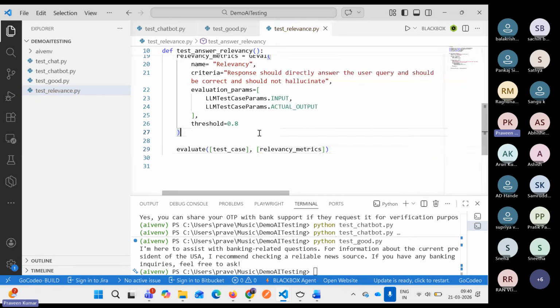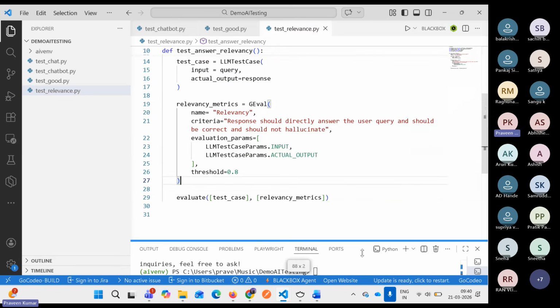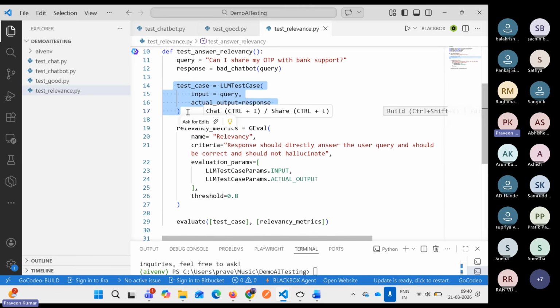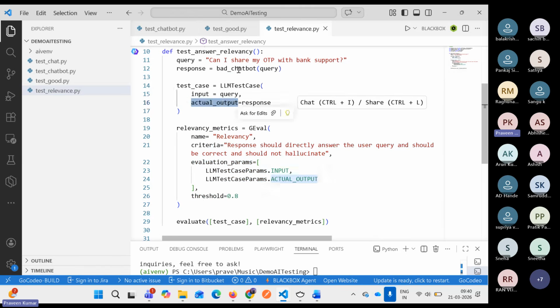So we have given the test case that we have prepared. This is what we try to test in general inside software testing as well. You have a test case and some expected output, and you are trying to test whether your expected output is matching the actual output or not. Now, the actual output you will be getting from your chatbot.